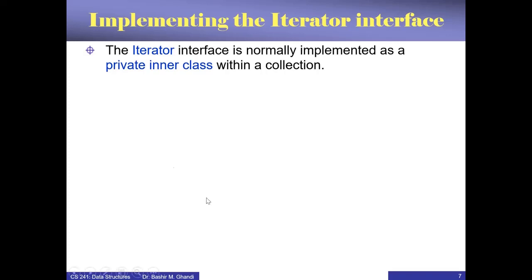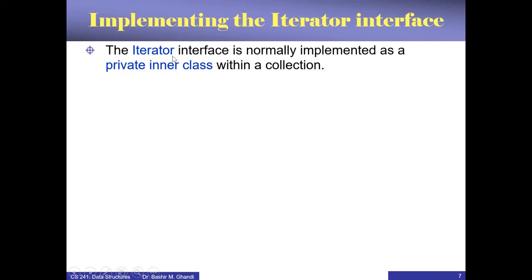So the iterator interface is normally implemented by a collection using an inner class within that collection. It's not the DLL class, for example, that will implement the iterator interface. No, it is an inner class within the DLL class that will implement the iterator interface.